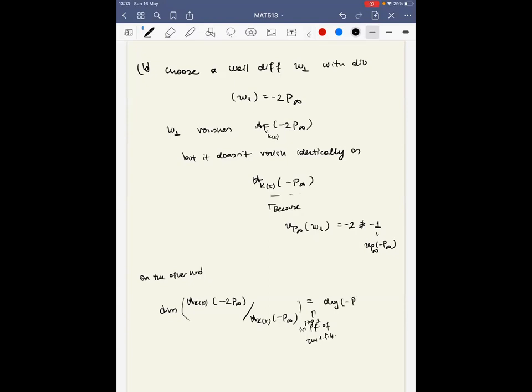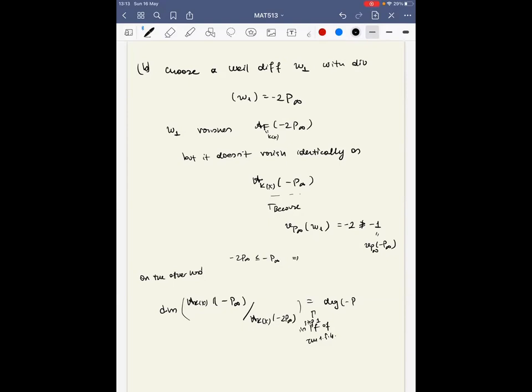By the way, I made a mistake, because 2 P infinity is bigger than or equal to P infinity, so this quotient space is going to be the space of P infinity over the space of minus 2 P infinity.